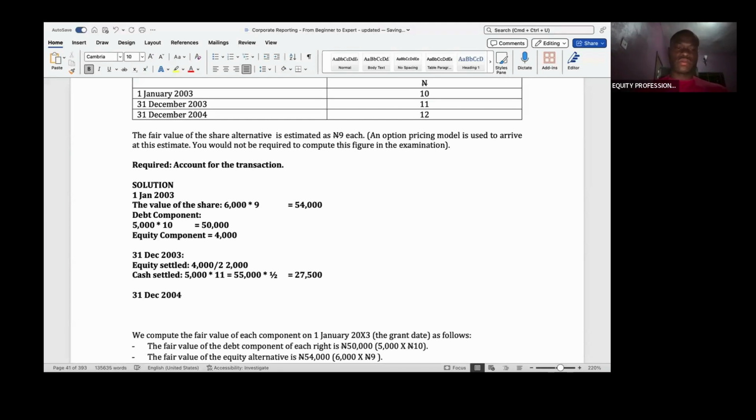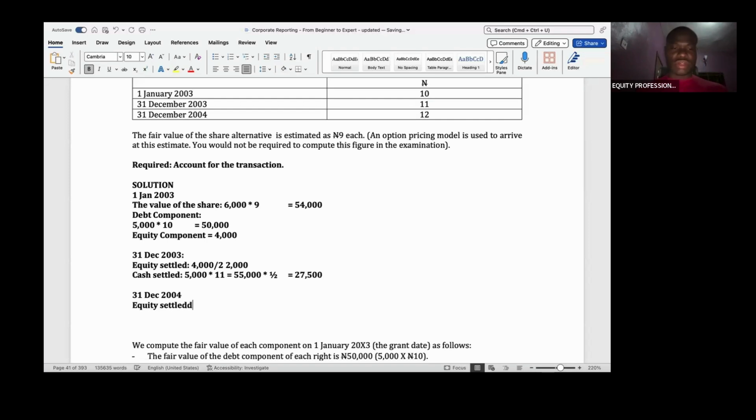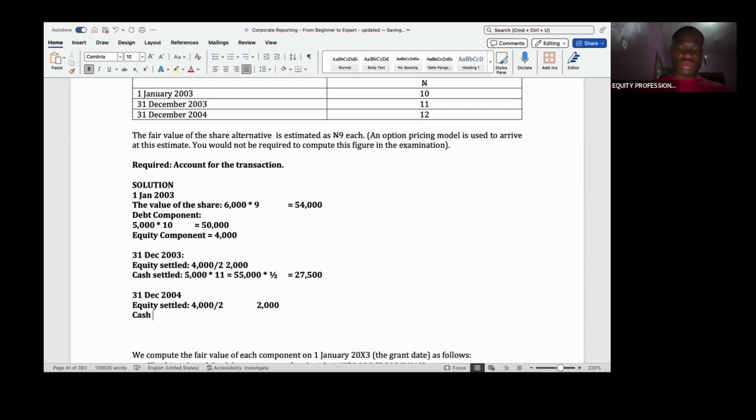In 2004, the second year, for the equity settled, the value is still 4,000, so we'll still recognize 2,000 again. But the one that is cash settled, which is the debt, the value will change. We will remeasure it again. The 5,000 shares will be measured at the share price at the end of 2004, which is ₦12. And that gives me 60,000.